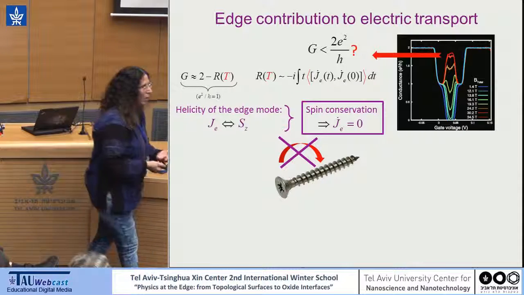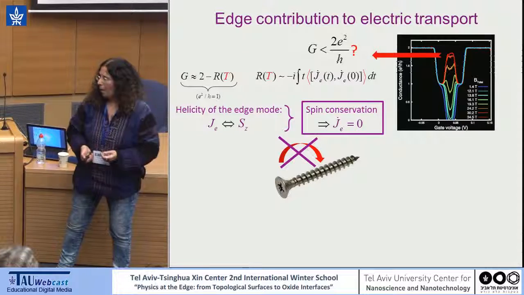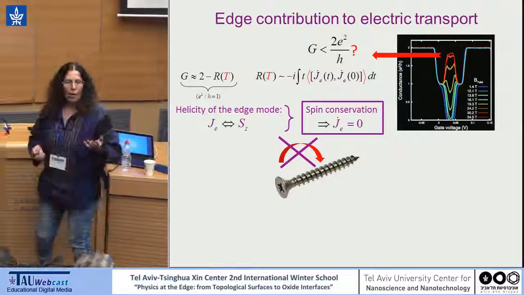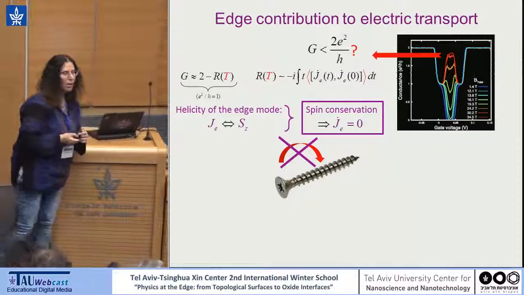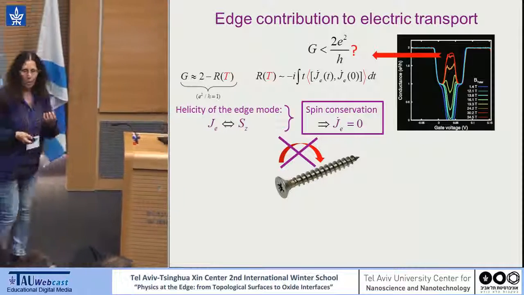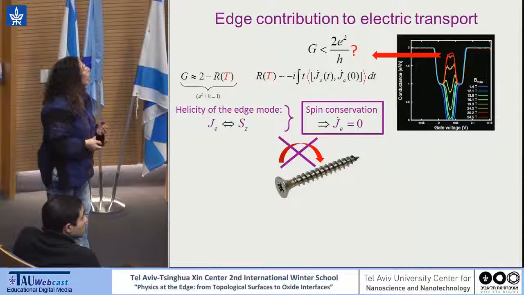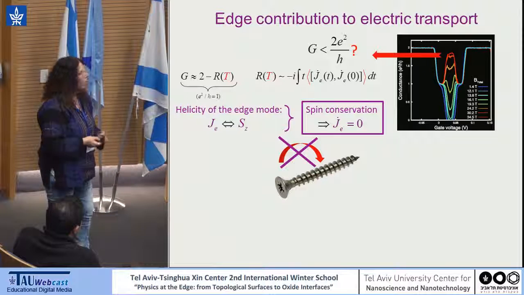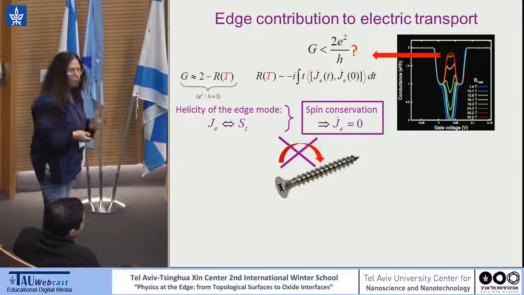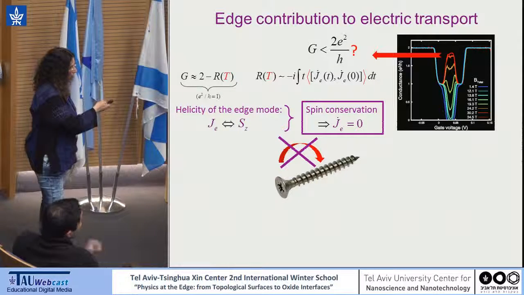But there is something that can flip the spin, and that's, if we forget about extrinsic effects, the spin waves in the bulk. And indeed, they are gapped, but the gap is small, and in fact, it goes to 0 close to the transition.